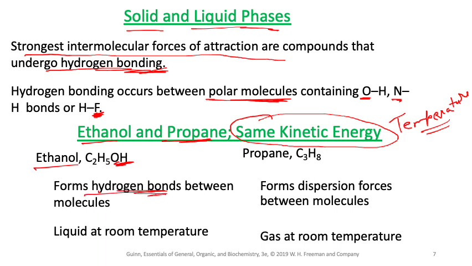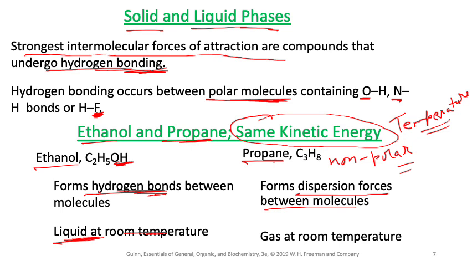This is the strongest intermolecular force of attraction, so it can occur as a liquid at that temperature, because at room temperature that energy is not strong enough to break the hydrogen bond, right? But propane is a non-polar compound, and because of its non-polar nature, it forms dispersion forces as its intermolecular interaction, right?